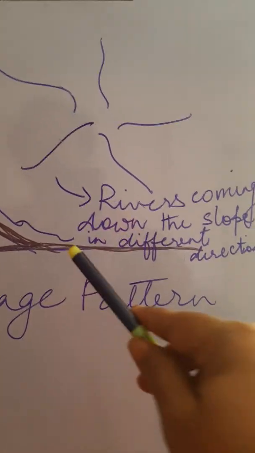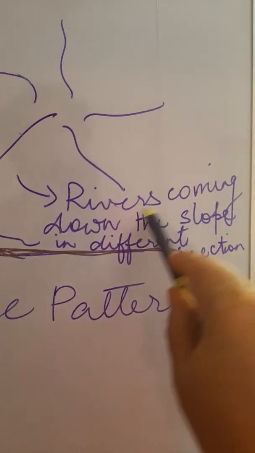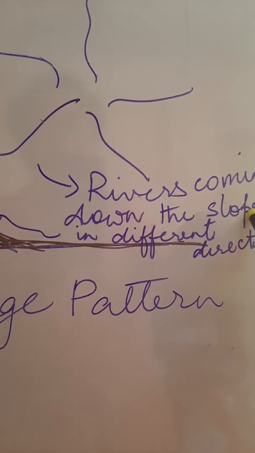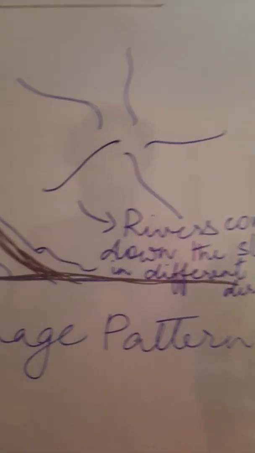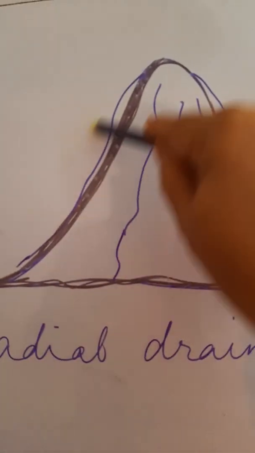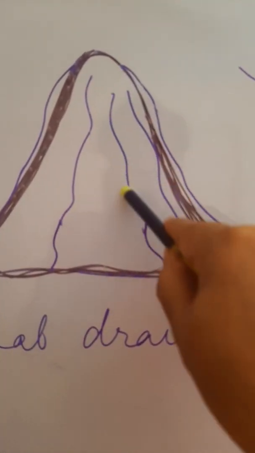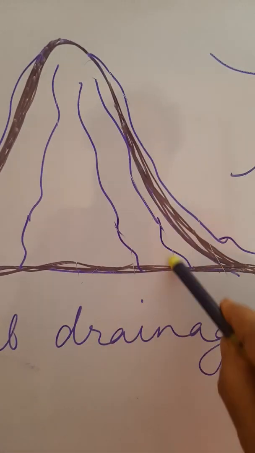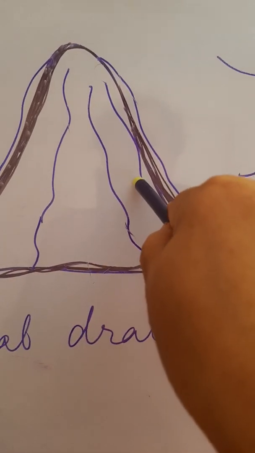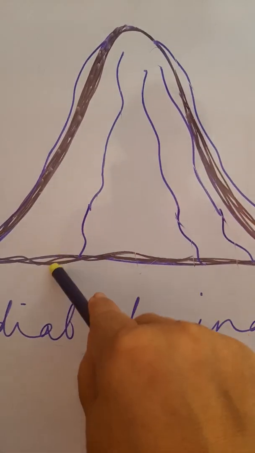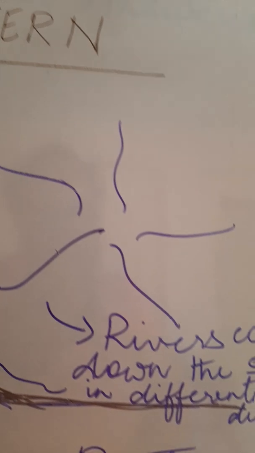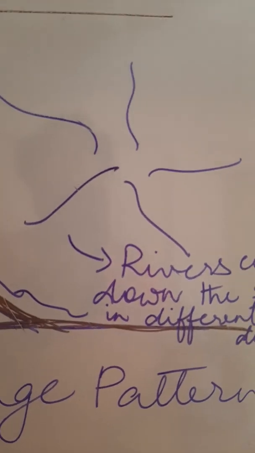So here what I have written, rivers coming down the slope in different directions. If there is a single hill in this way, the rivers that are coming down the slope are not going to meet each other. So when we see it from above, we will find this kind of pattern.